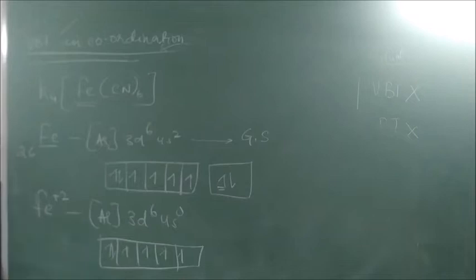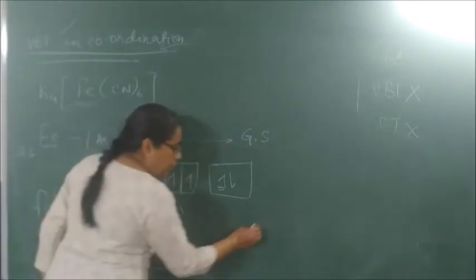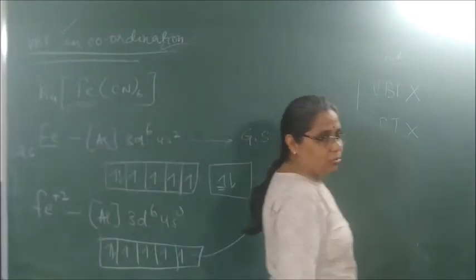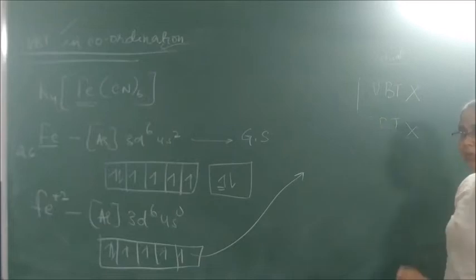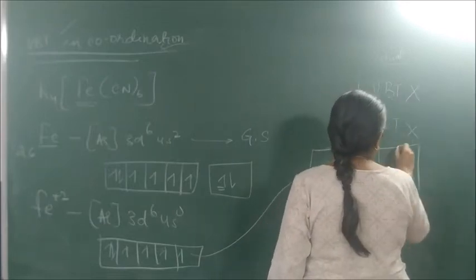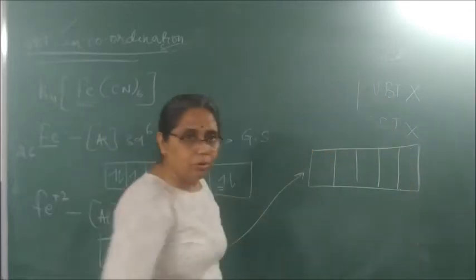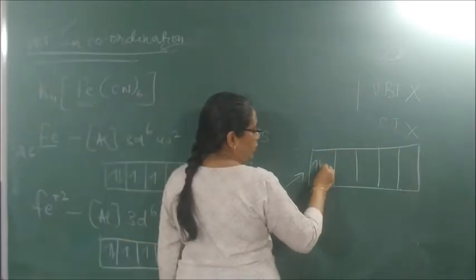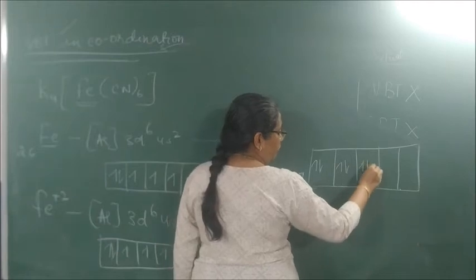Hund's rule. But the moment I use a strong ligand like CN minus, this pairing, which is according to the Hund's rule, is skipped. And how does it pair? It pairs in a form not following the Hund's rule. So how does it pair? 1, 2, 3, 4, 5, 6.